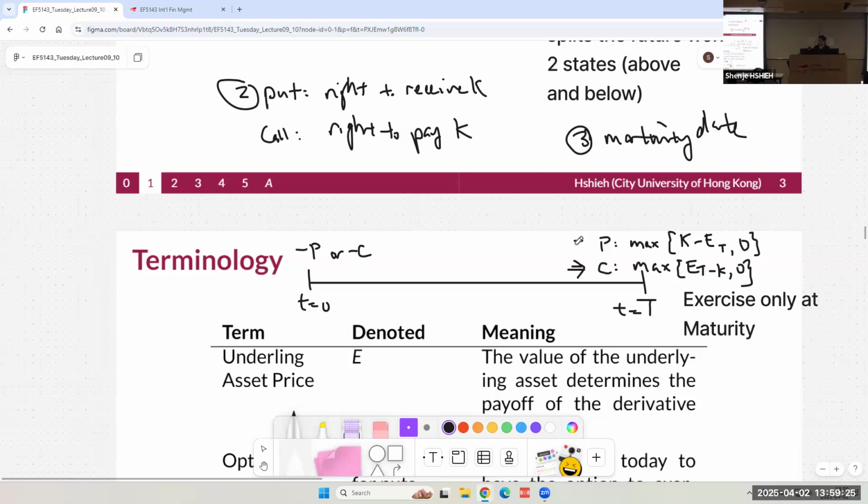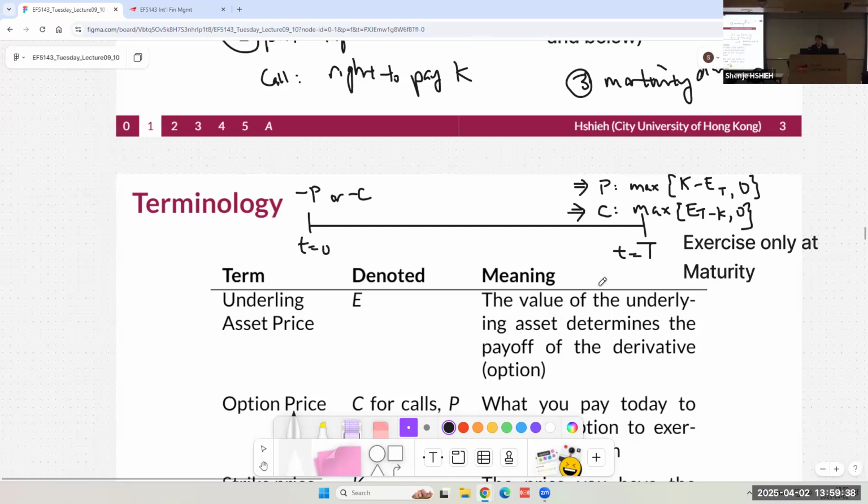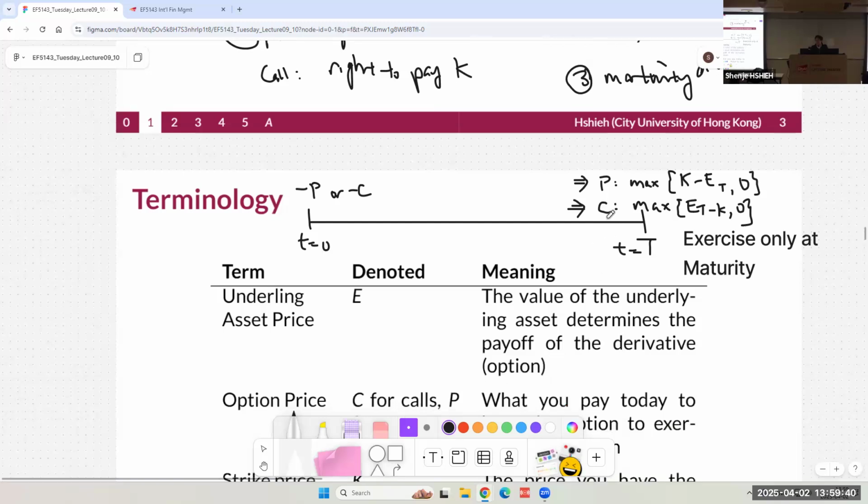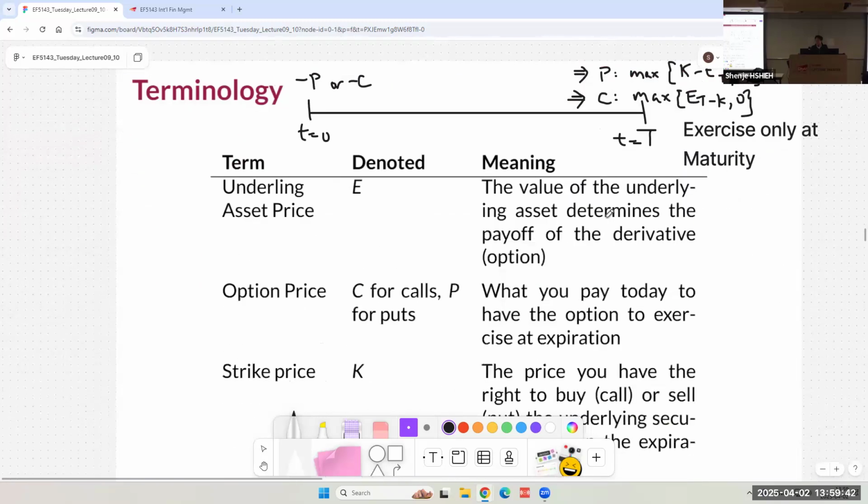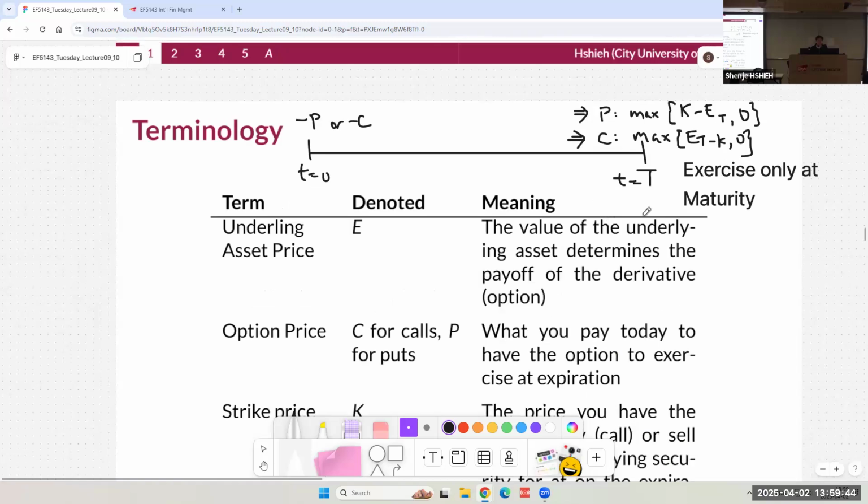Otherwise, if you go put, then you have the right to sell at K, and you're going to try to buy it back at a cheaper price, hence minus ET. All right, so your question may be now, does the underlying asset price relative to the strike price tell me the value of the call or put option? And the answer is yes.